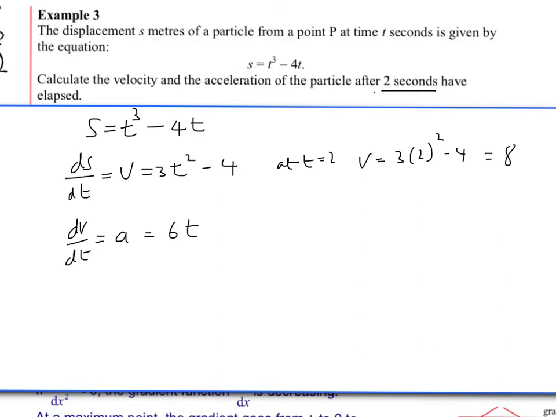And also at t equals 2, a equals 6 times 2, which is 12. Probably good to put in the units. So for velocity it will be meters per second, and acceleration meters per second squared.